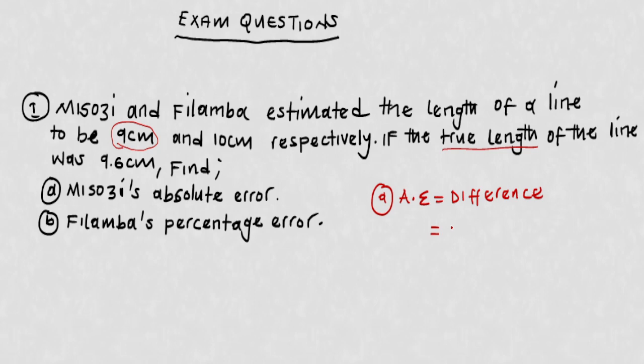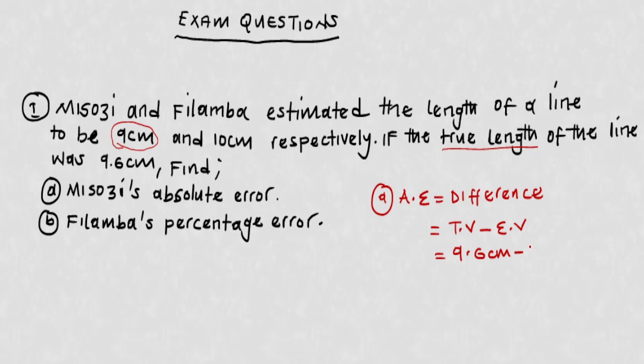The bigger one was the true measurement. So we're going to say the true value subtract the estimated value. The true value in this case was 9.6 centimeters. Then the estimated value was 9 centimeters. So you subtract these two, what are we getting?